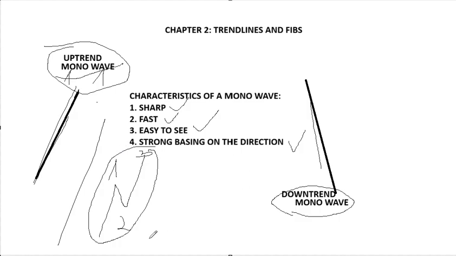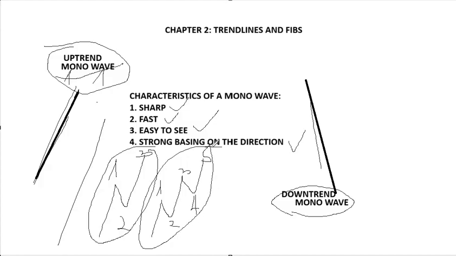Or it could be in 5 waves, which is 1, correction, 2, correction, like that. So this is 1, this is 2, this is 3, this is 4, and this is the 5th wave. Alright? So all these are regarded as mono waves, as long as it takes a bigger price factor than time factor.